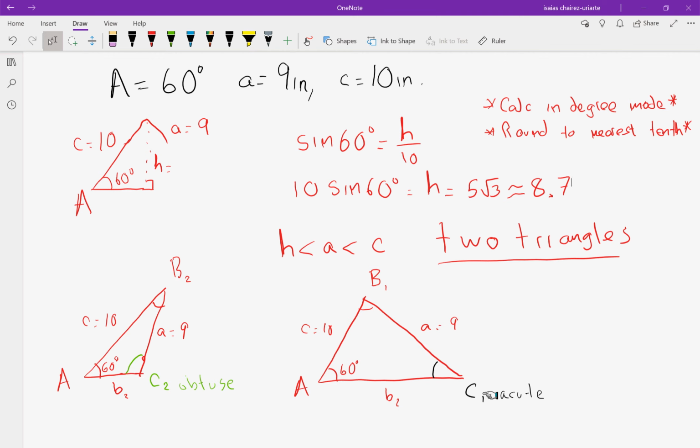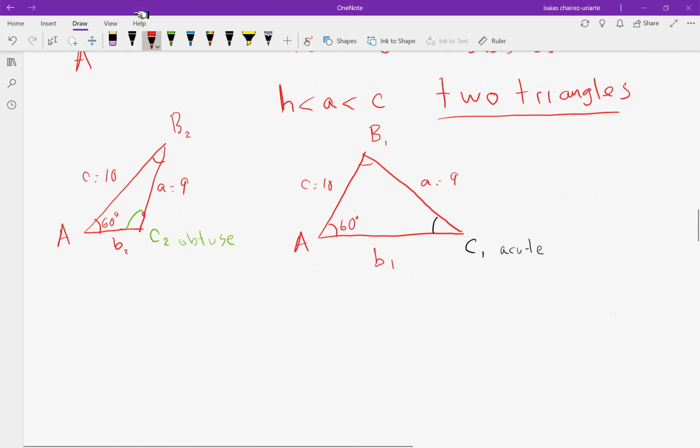And I just noticed we need to call this little guy here B1, just to be consistent. Okay, so these are the two triangles that we're going to have to complete.